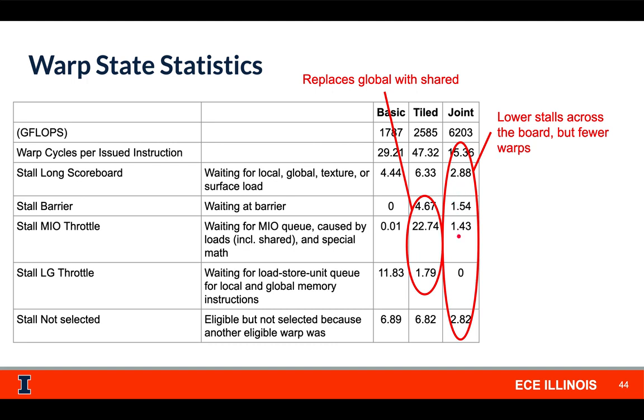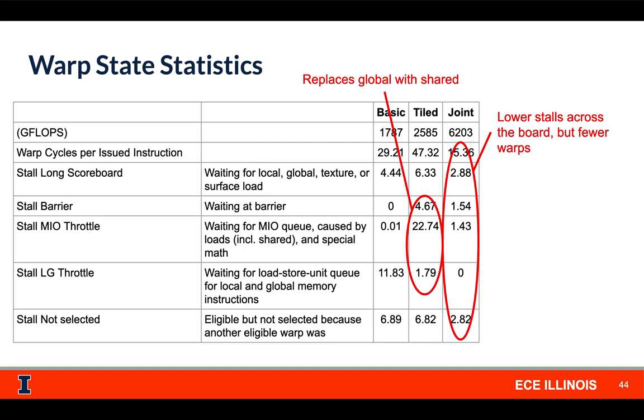Sometimes we're stalled because we're waiting for shared memory. We're never stalled because there are too many device memory loads, so that's a good sign. And occasionally we're stalled because there are other warps that were ready to go, and we just didn't happen to get picked. So I would tend to say we have a lower number of stalls across the board, but remember that we also have fewer warps with which to hide those stalls.